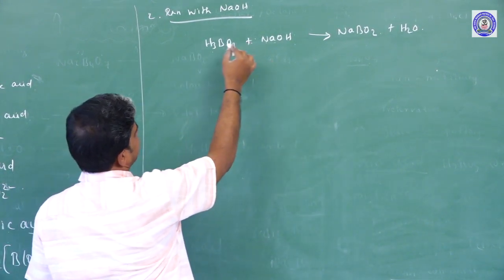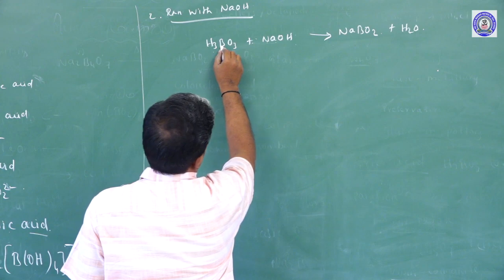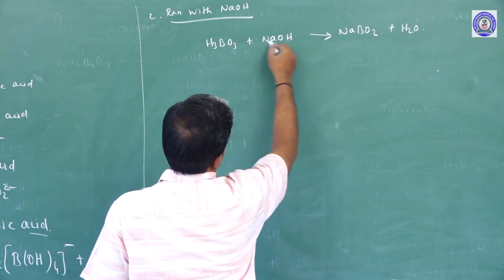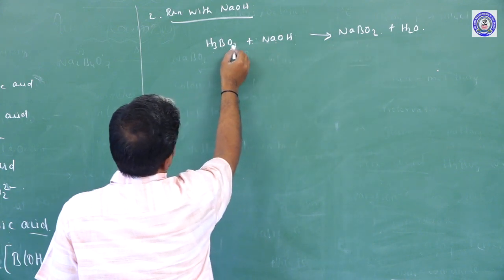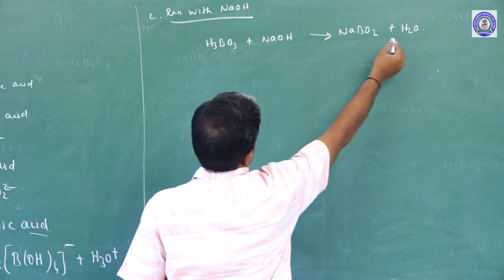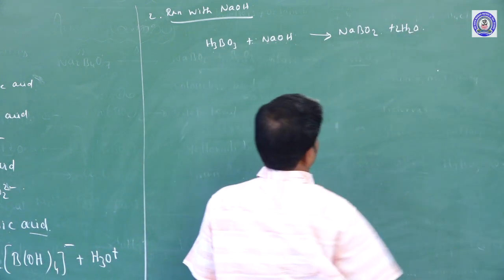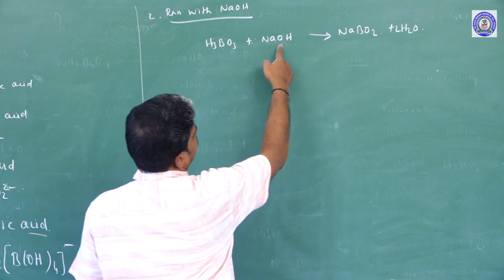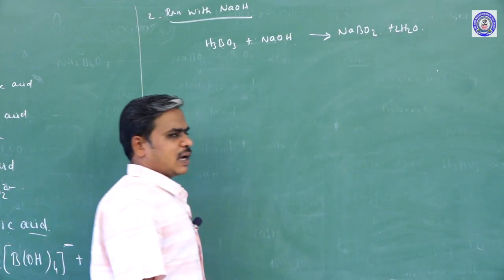Now, balance the equation. Boron and boron, sodium and oxygen, here 3 and 4, hydrogen, so we take 2 water molecules, and oxygen 3 and 4, so 2 and 4, so it is balanced.